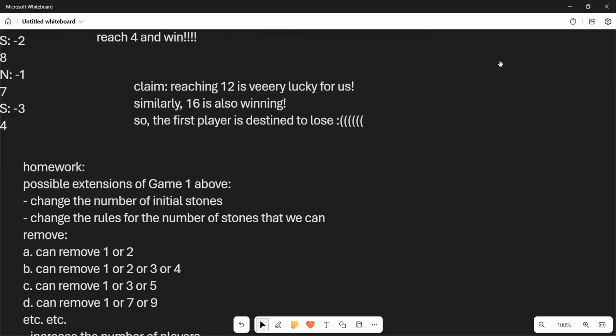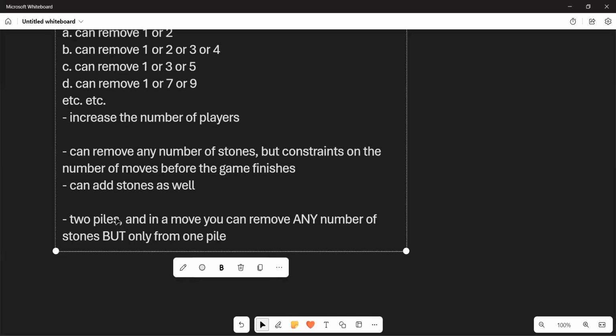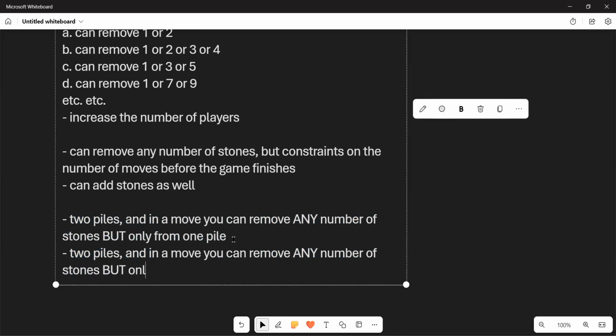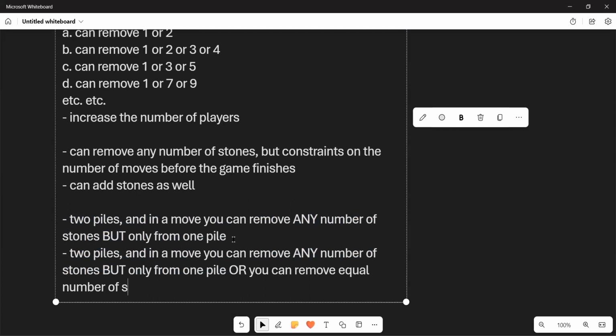It's very interesting. So for those of you who are interested, I would highly encourage you to try this problem. Okay, then I'll give you a harder one. In a move, you can remove any number of stones, but only from one pile, or you can remove an equal number of stones from both piles.